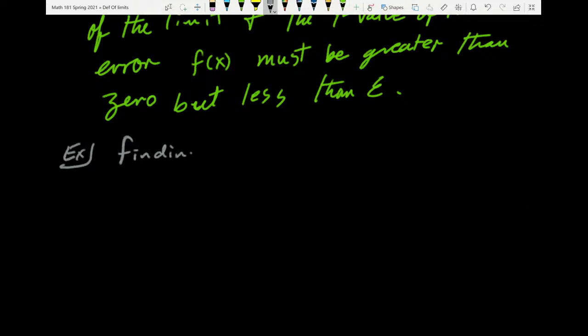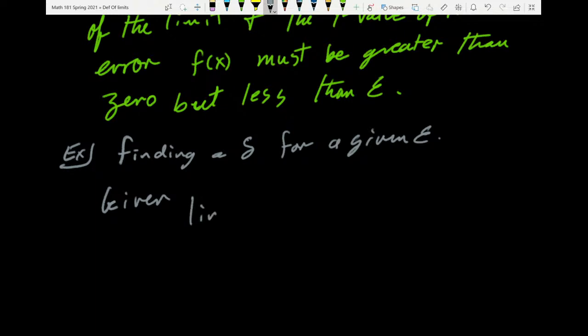Finding delta for a given epsilon. So this is given: limit as x goes to 3 of 2x minus 5 is 1.